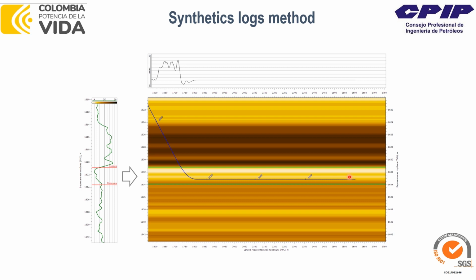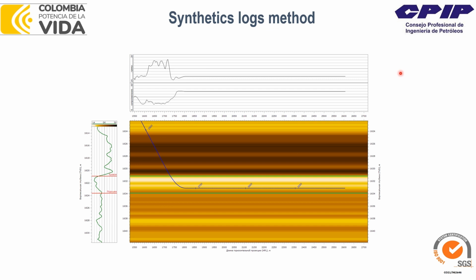But just before going to the geometry change, I have added the resistivity curve as well. So you can see here now two synthetic curves, gamma ray on the top and resistivity on the bottom, so you can also track the changes.